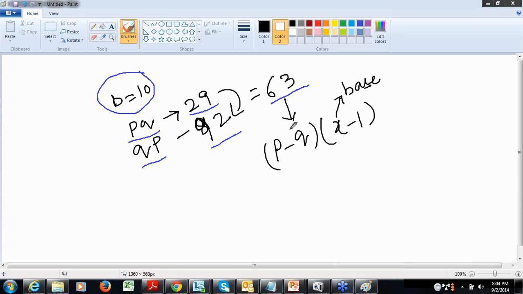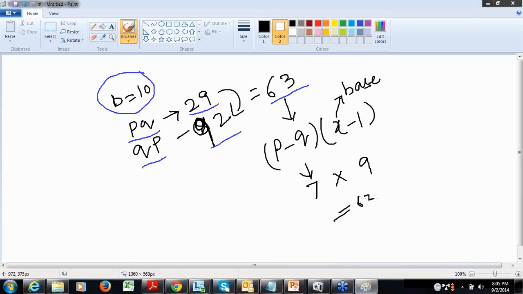Now 63, if you actually see, is nothing but the difference between these two digits, P minus Q, into x minus 1, the base. Base is 10, minus 1. So P minus Q is 7. It's not 82, Abhimanyu, it's 92. So it will be 7 into 10 minus 1, 9, which is 63. That is how it will be.